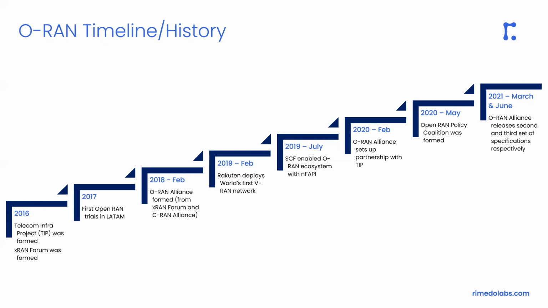Then we have the partnership between the ORAN Alliance and the Telecom Infra Project, so that the operators are now providing and feeding back the use cases to the ORAN Alliance to make them standardized.